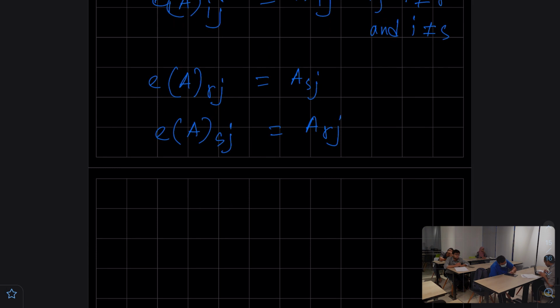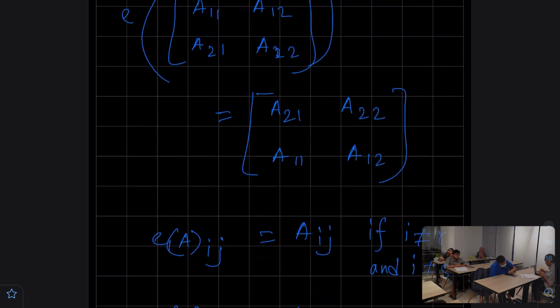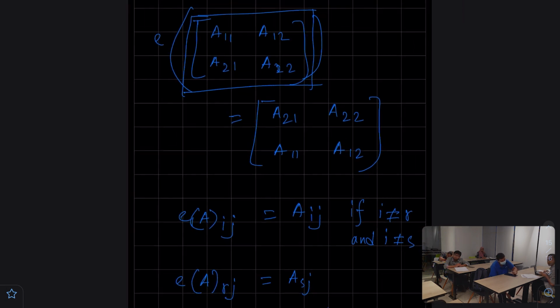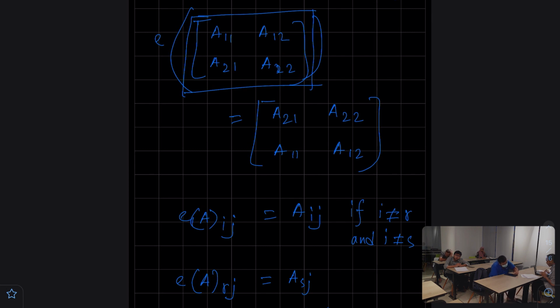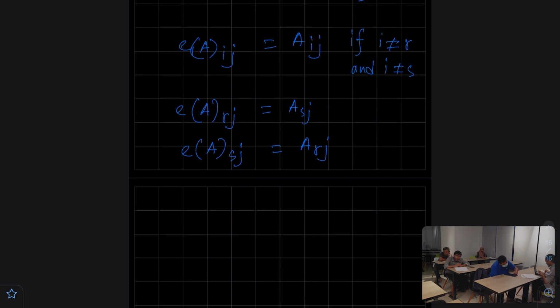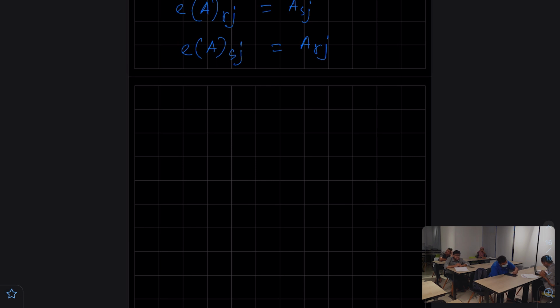Now, I applied this third elementary row operation on this matrix. But let me check: I applied the third elementary row operation on the identity matrix and got 0, 1, 1, 0.